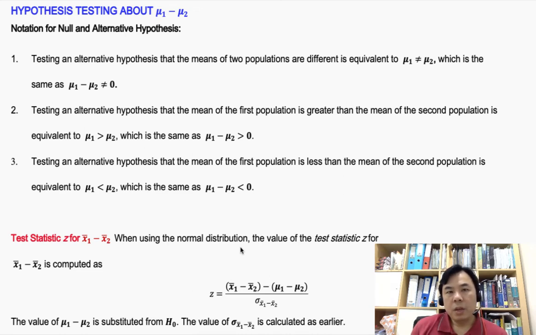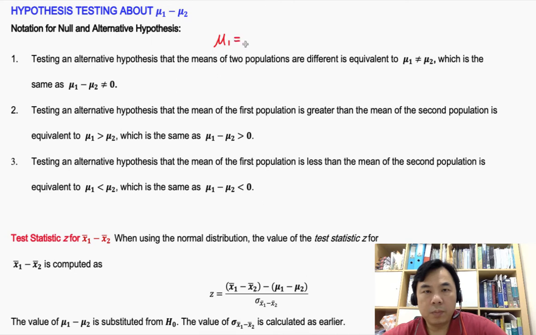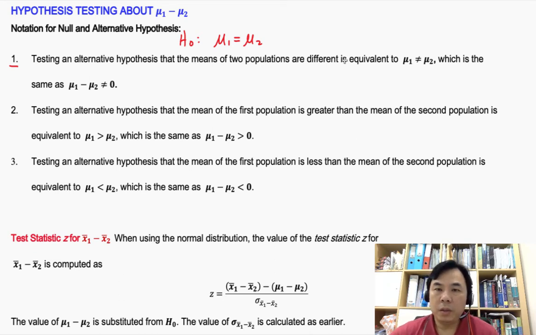Take for instance, if your hypothesis testing has a null hypothesis that looks something like this, your null hypothesis for number one must be equal to this. Yeah, so this one will be a null hypothesis. If we're looking at option number one here, testing an alternative hypothesis that the means of the two populations are different is equivalent to this, or you can actually write it down in this form here.